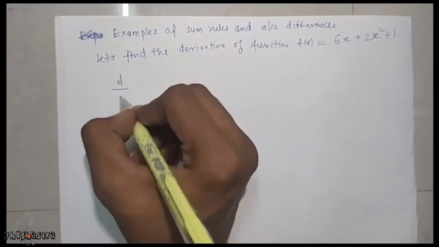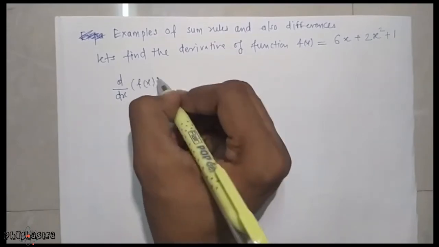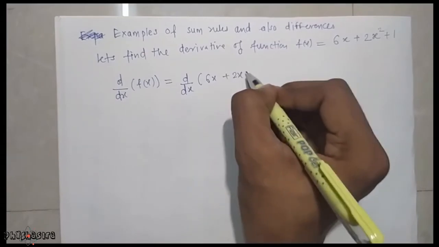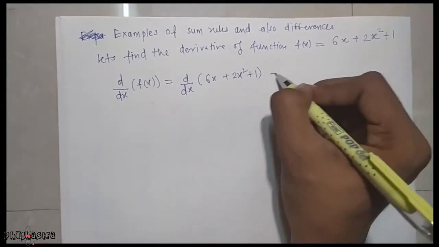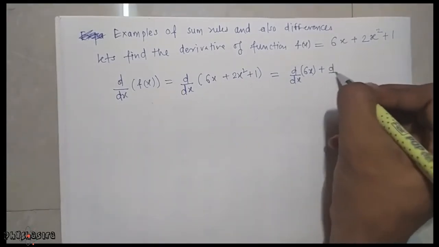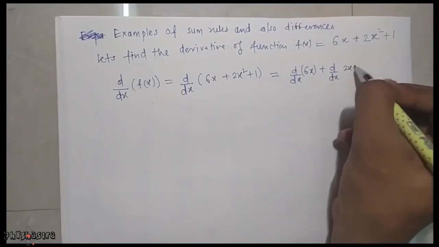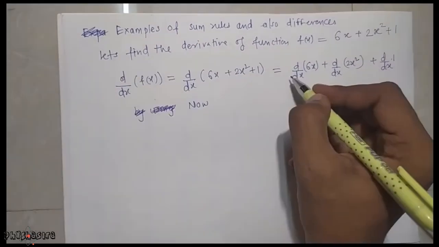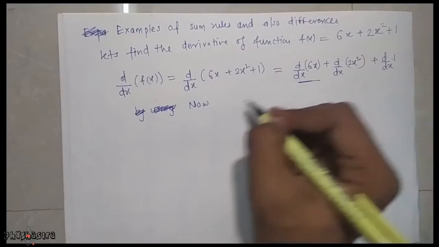So d of dx of this function equals d of dx of 6x plus 2x square plus 1. We write in separate form, we distribute it. After that, since 6 is a constant, 6 remains outside.